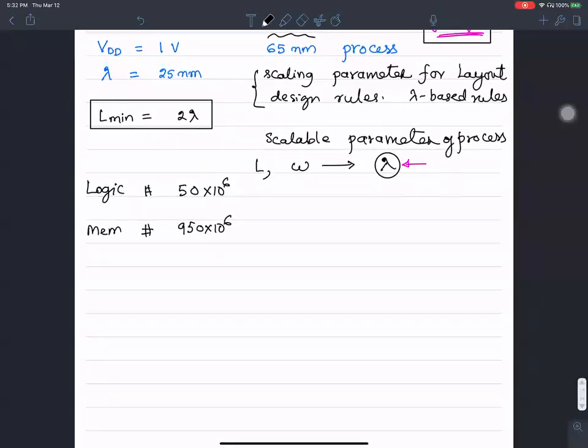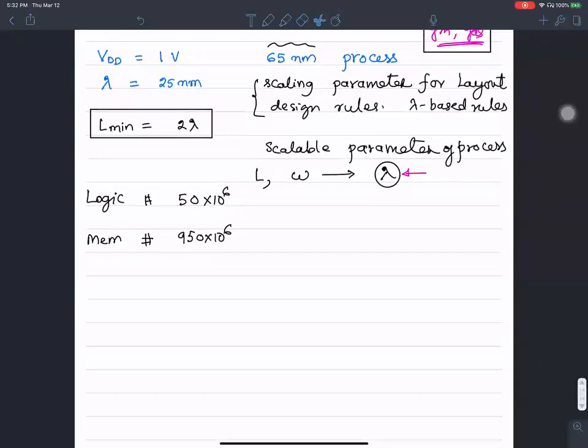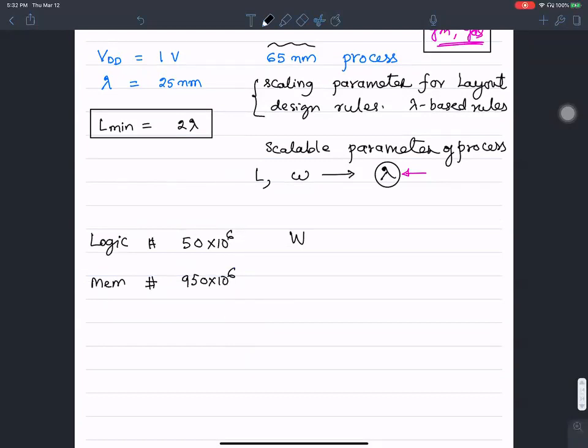And then what is also given is the average width of the logic transistors, which is 12 lambda per transistor. Also given is the average width of the memory transistors, which is 4 times lambda.